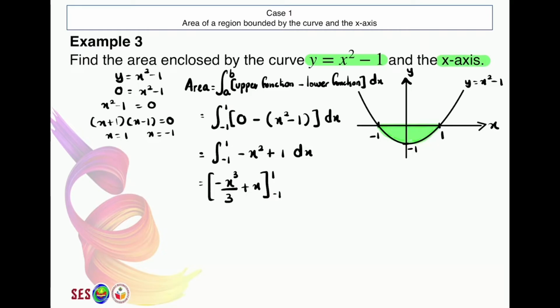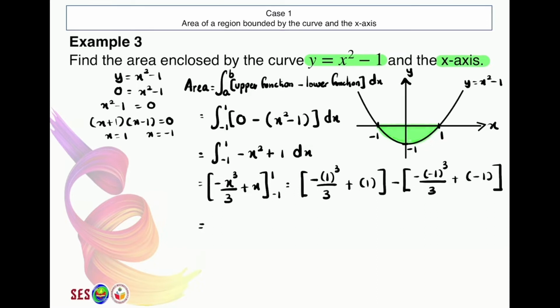This is equals to negative 1 to the power of 3 over 3 plus 1, minus negative 1 to the power of 3 over 3 plus negative 1.